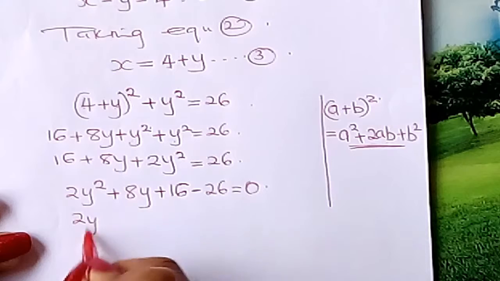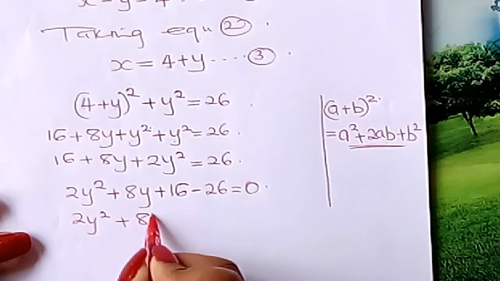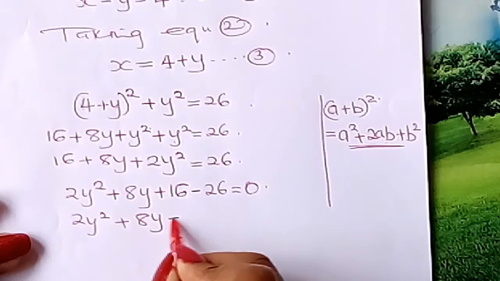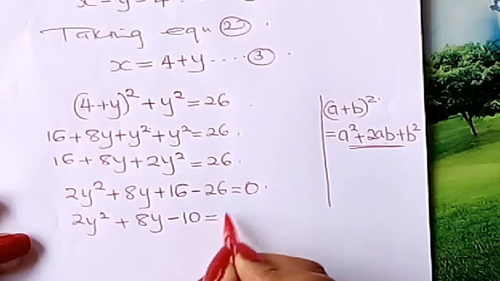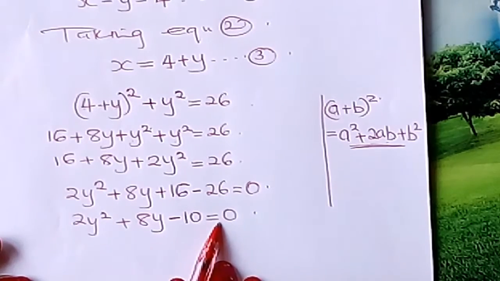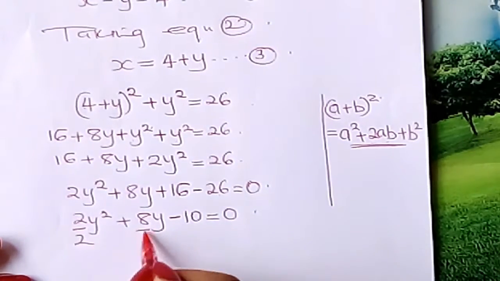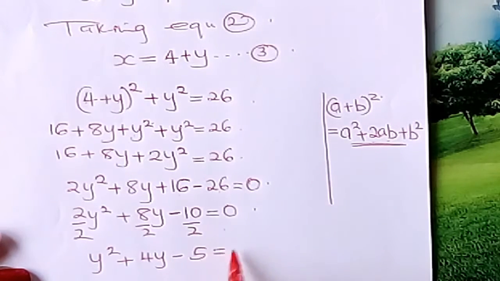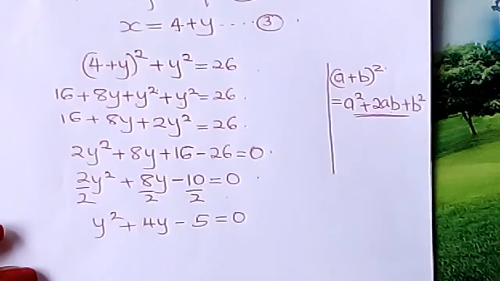So learner, this is 2y squared plus 8y, 16 minus 26 gives you what? Minus 10 is equal to 0. This is a good quadratic equation. You can simplify this by dividing it by 2. So y squared plus 4y minus 5 is equal to 0.